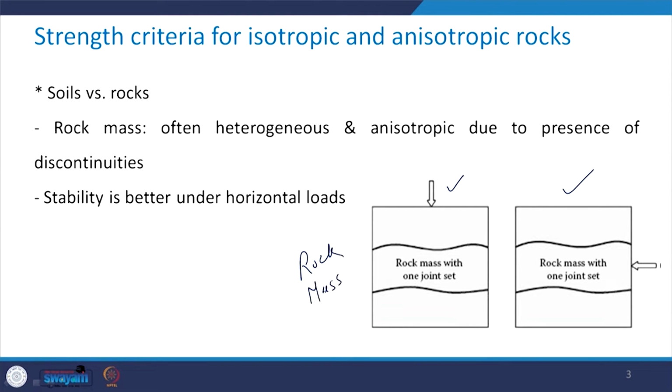Now, in one case the loading is applied in the vertical direction and in another case the loading is applied in the horizontal direction. And if we have such a joint set, like here, then the stability is going to be better under this horizontal load as compared to the vertical load.